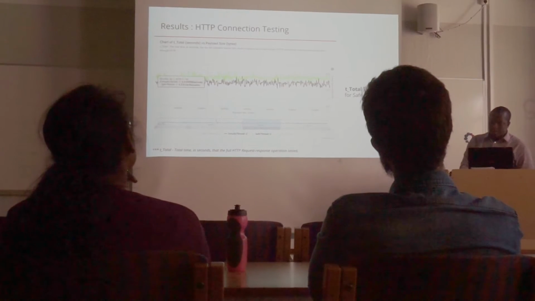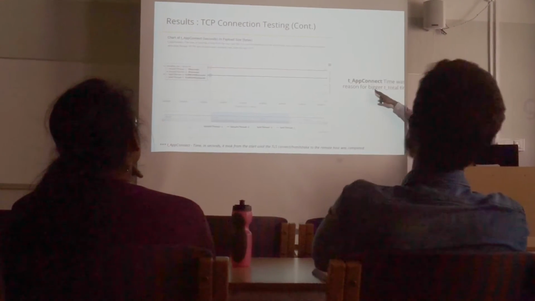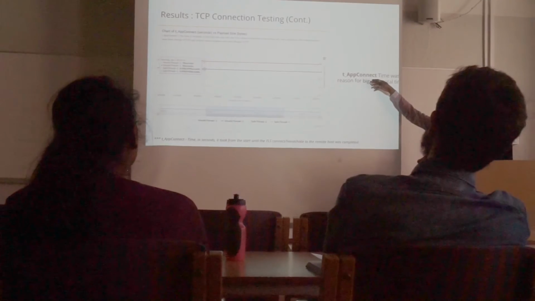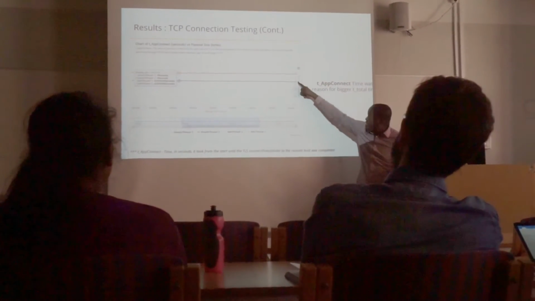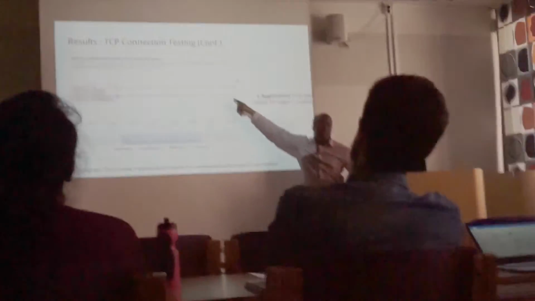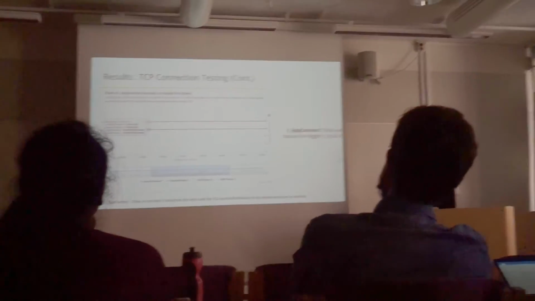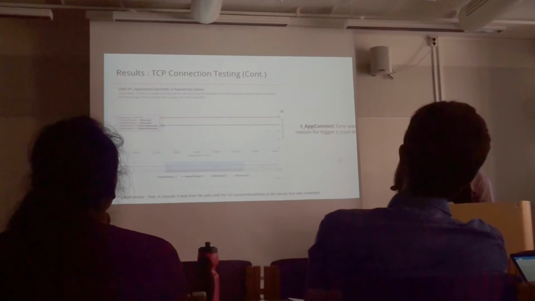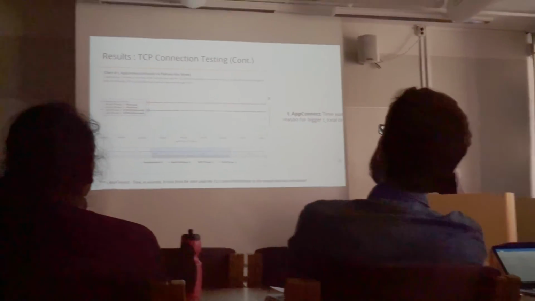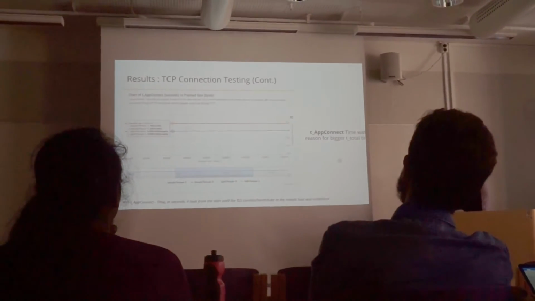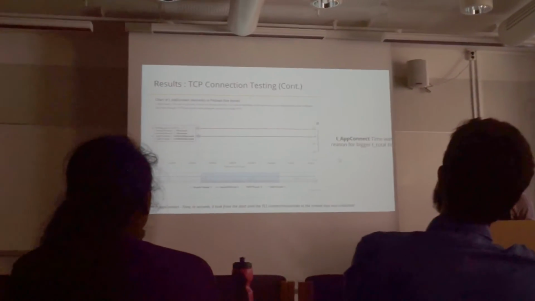What's surprising is that the other graph showed that the app connect time was also taking longer, and for the unsafe one it was registering 0, which means the TLS handshake wasn't happening there. This could be the biggest reason for the delay we saw when comparing the two.